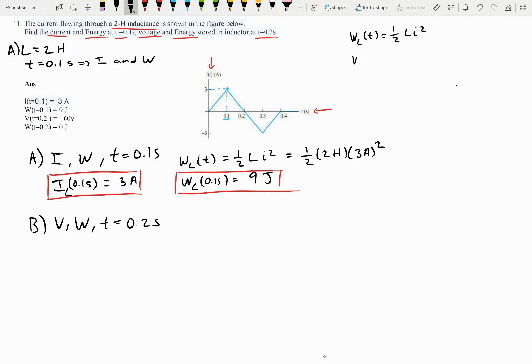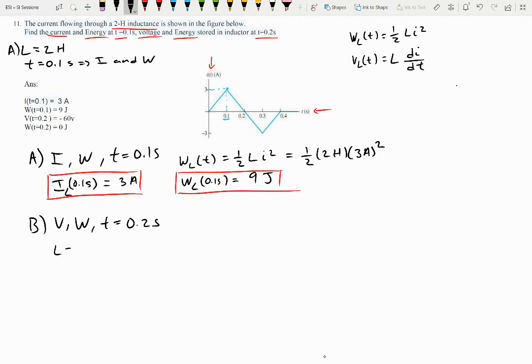Voltage through an inductor is going to be L di/dt. So how do we find that? What it means is that we'll multiply the inductor value by the change in current divided by the change in time, so the slope. So let's look at our graph.